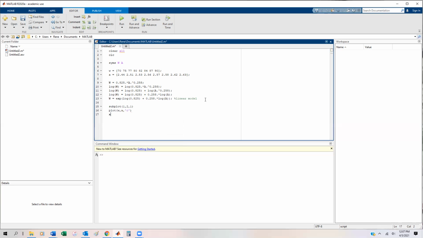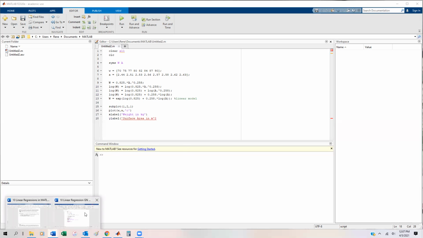So this is going to be our W, which is weight, and weight was in kilograms, I believe. And the Y label is going to be surface area, and I believe that was in square meters. Let me just verify that to make sure.